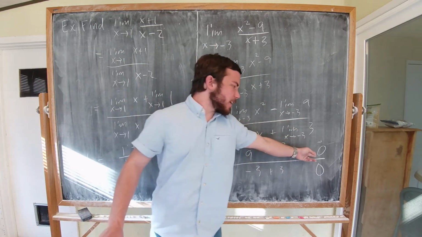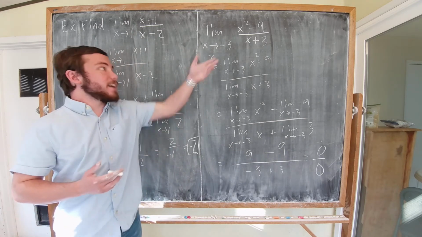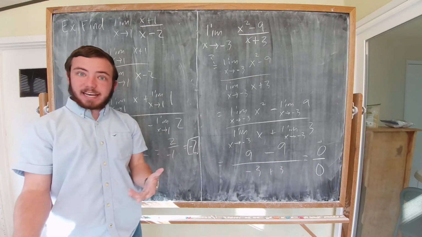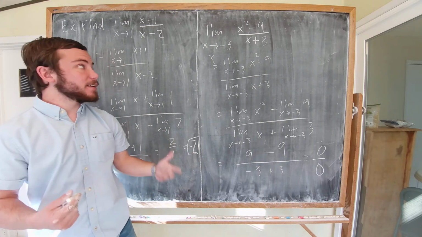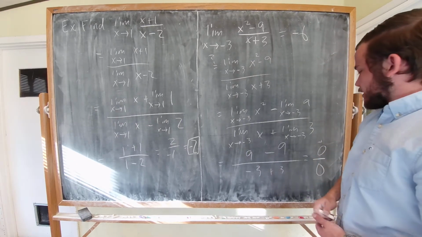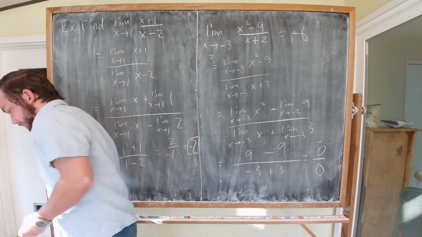And then having another 0 on the top just makes it more confusing, right? We know that this limit exists because we found it using a table. We showed that the limit is equal to -6. So why didn't we get -6 here?